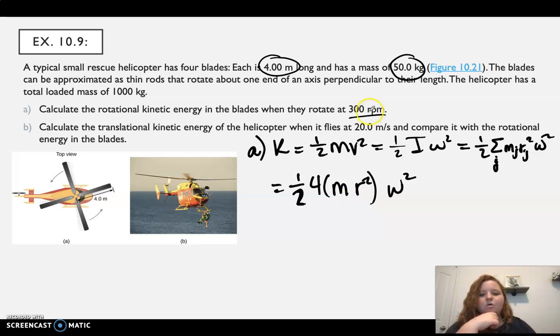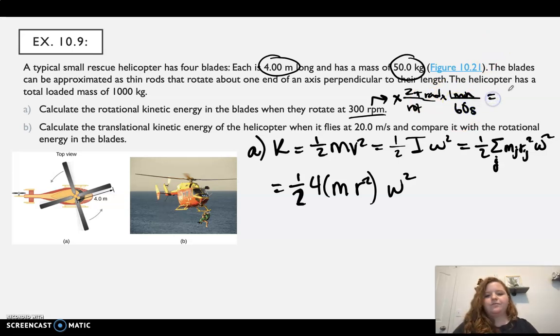So we can start by putting this into a proper form. I'm going to multiply that by 2 pi radians per rotation, and then 1 minute per 60 seconds. So 300 times 2 pi divided by 60 is 31.4. So we'll continue this in the next video.